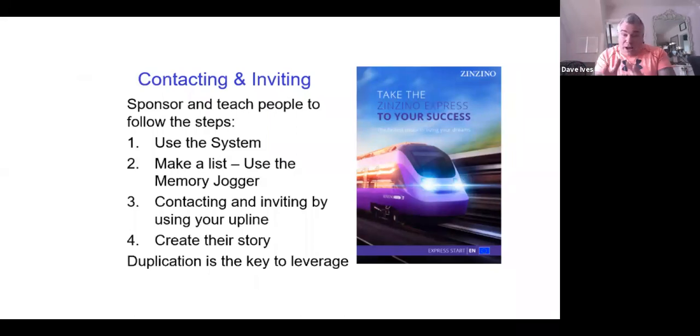And then with your upline in your first 30 to 60 days is to create your story. Take your blood test, get on the product, go and get 4 subscriptions, go and introduce 4 partners to your organization, get 10 subscriptions in your first 30 to 60 days.